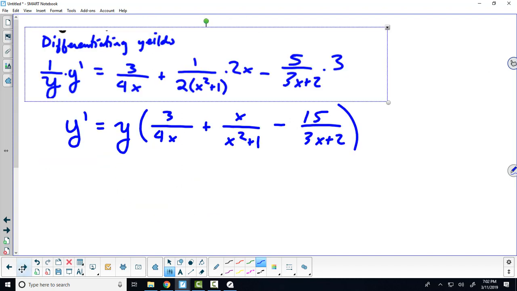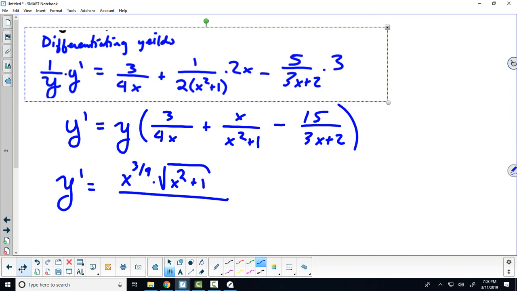All right. Now, I've got to solve for y prime. Am I done with the problem? No. Kind of. I mean, I've given an implicit answer, but technically, what should I do? What's that, William? Let's replace this expression right here with what y was holding the place of. Okay, I might need a hand on this. Let's give it a shot. y prime is equal to x to the 3/4 times the square root of x squared plus 1 all over 3x plus 2 to the 5th power.